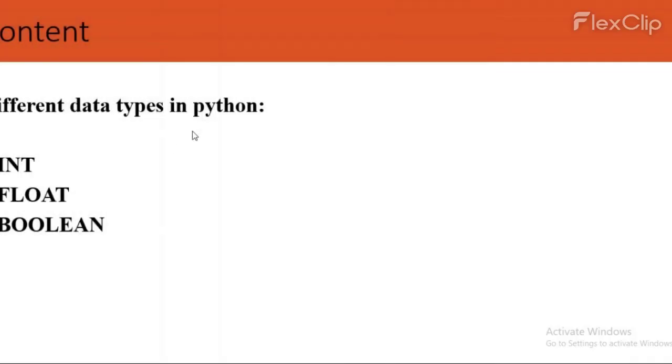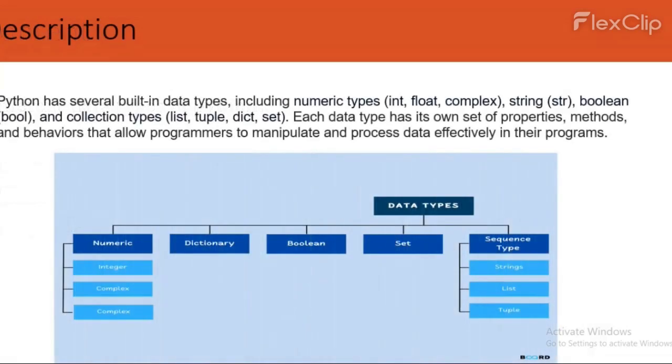So this is done. These are different data types in Python. Next comes the description. Python has several built-in data types, including numeric data types and collection types. Today we'll discuss all these types and we'll have a demo on this as well. These data types have their own unique properties and methods to make programming easy and effective, to process and manipulate everything.